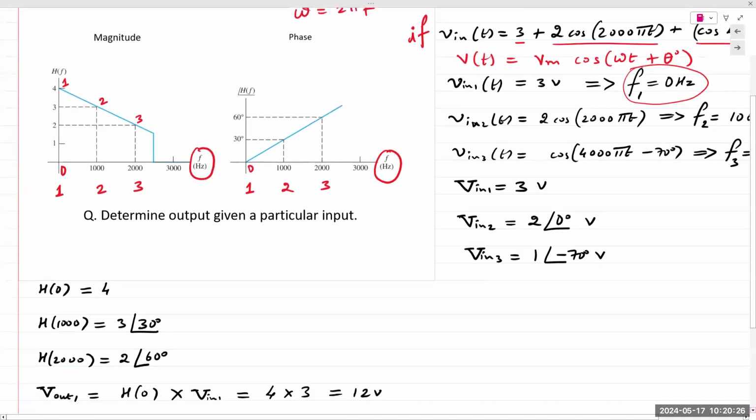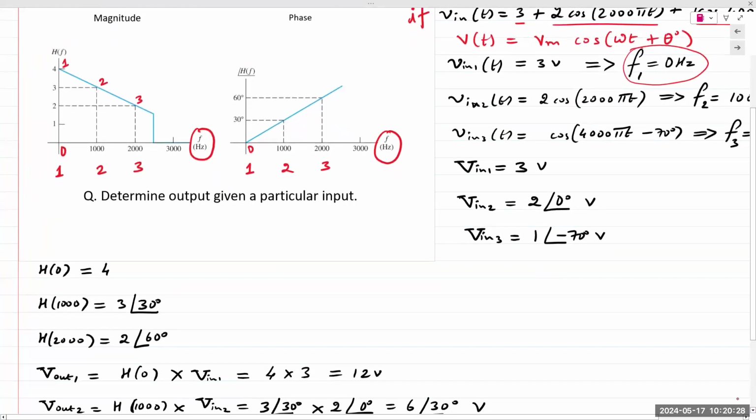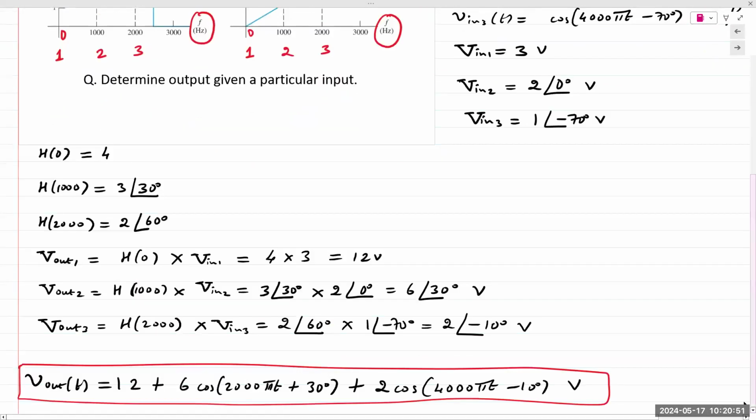Now, H of F is the ratio of output voltage to input voltage, V out over V in. Transform the equation, we can predict what the output is going to be by simply multiplying the transfer function with the input, H of F times V in. And then we calculate and find the output. So V out 1 is simply given by H of 0 times V in 1.